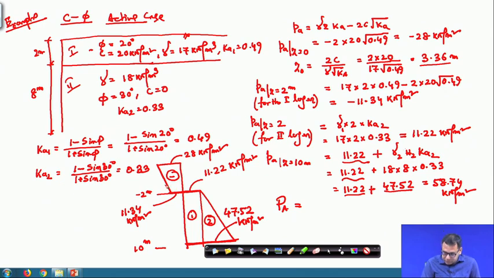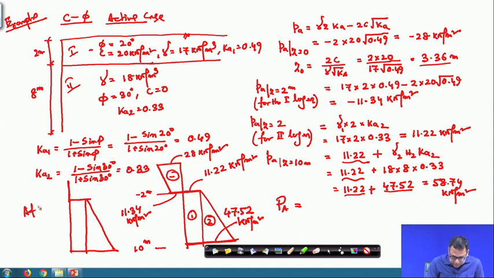This is before the tension crack. Now, after the tension crack is developed, this will be your earth pressure diagram. Okay. This is the earth pressure diagram. This is after and this is before.